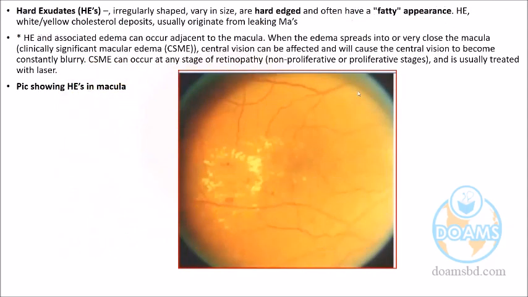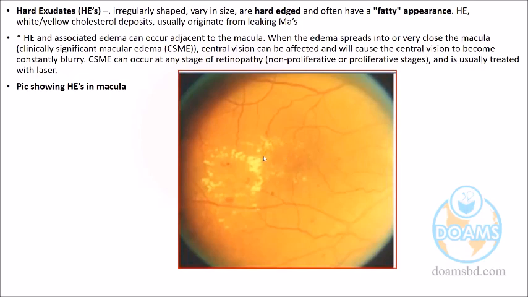What else is here other than dot and blot hemorrhage? Hard exudate. And what is the characteristic site of exudation? Perimacular. So this is a very important area in fundoscopy, the central vision. Very, very important. Perimacular, because if the macula is involved, there is an immediate threat to the vision. So immediately we have to refer the case to the ophthalmologist.